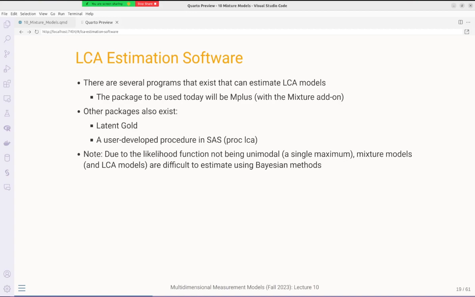The reason for that is they fall under a broader class of models called an exponential family. There's great statistical work that showed that the likelihood function for exponential family models, under estimation with maximum likelihood, is single peaked.